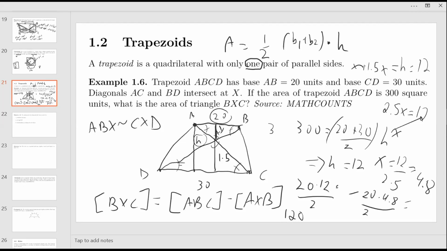And then 20 times 4.8 over 2 is just 48, because these two cancel and you have a 10 times 4.8. So our answer is just 120 minus 48, which is equal to 72.